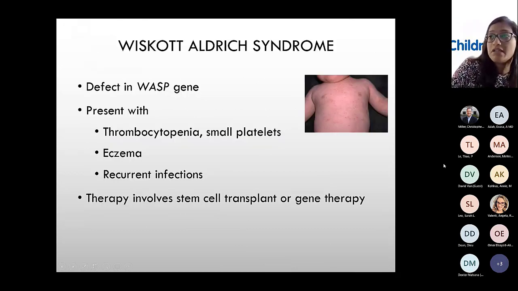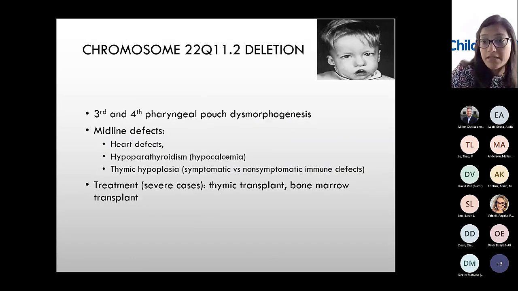All right, so some of these are described in more detail. The defect for Wiskott-Aldrich is in the WAS gene with the triad of symptoms, and treatment is stem cell transplant. Gene therapy is available on a research basis. 22q deletion, as I mentioned, there is a defect in midline organs, so third and fourth pharyngeal pouch development issues, so heart defect, hypocalcemia from hypoparathyroidism, and thymic issue.